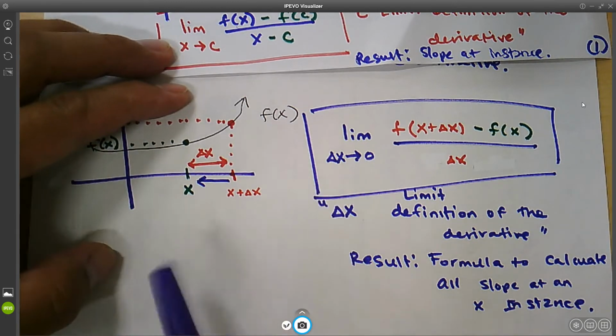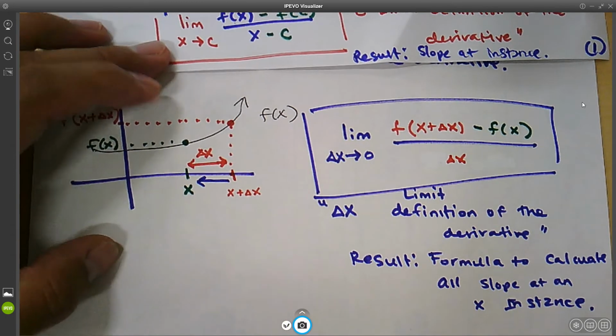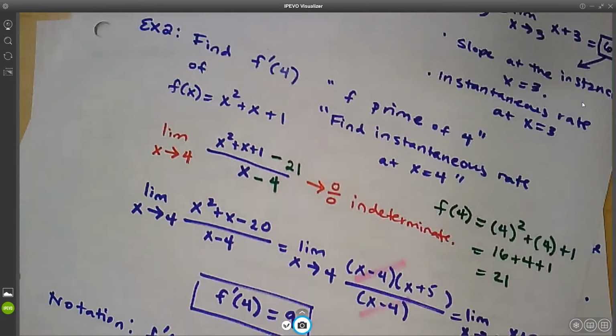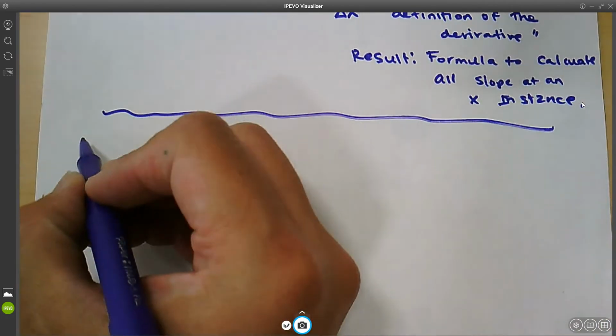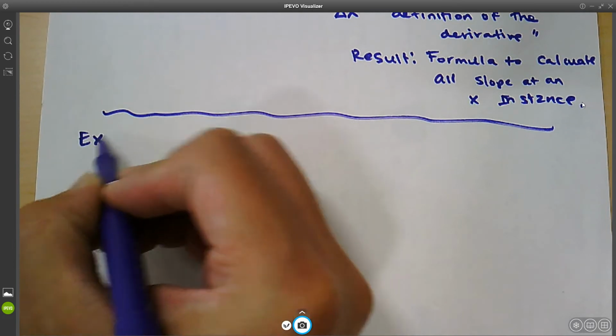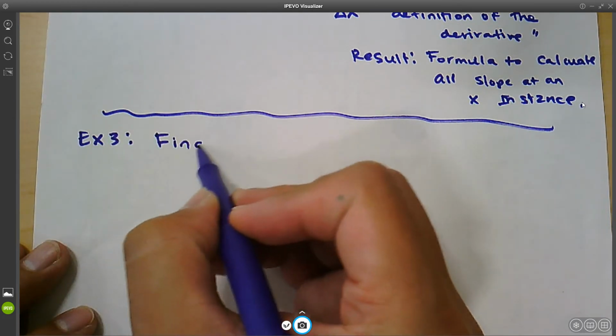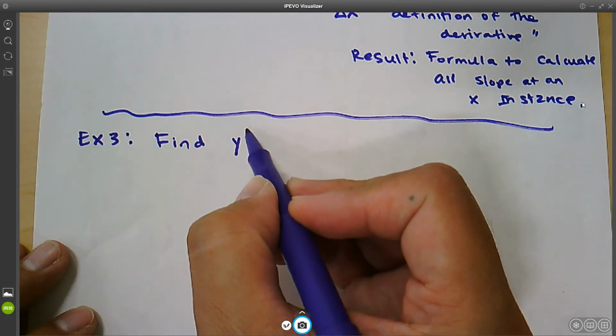This is more like just the formula f prime. So we will do some examples using this one. Example 3.